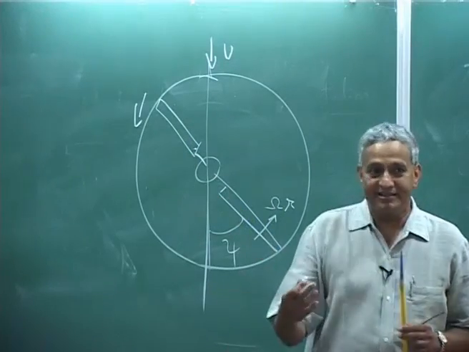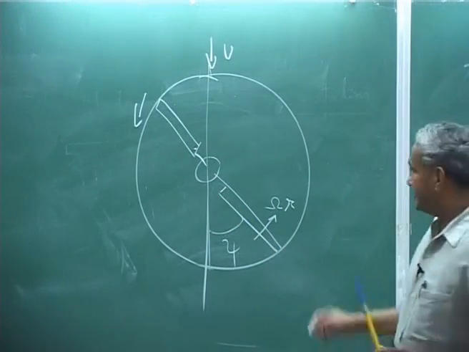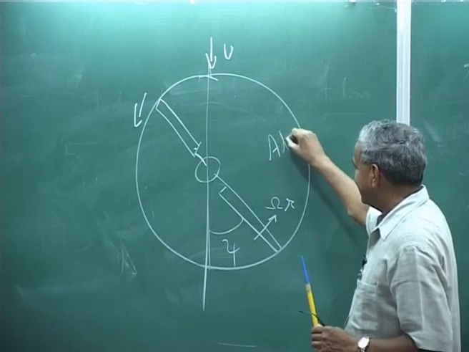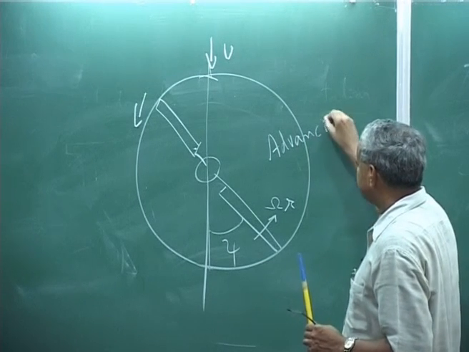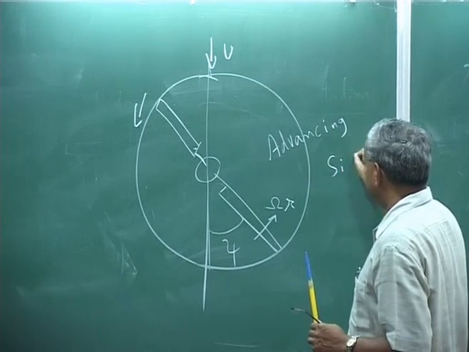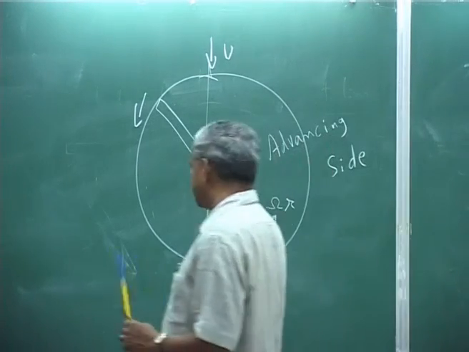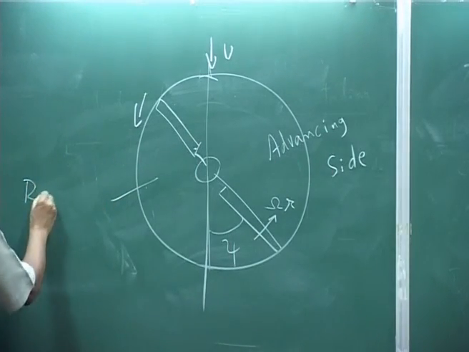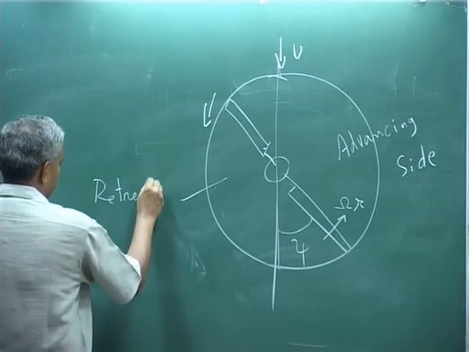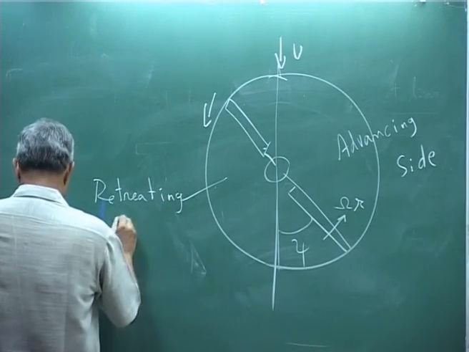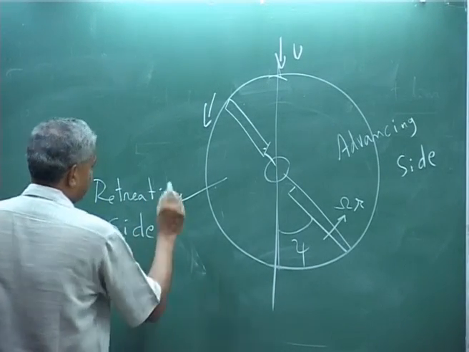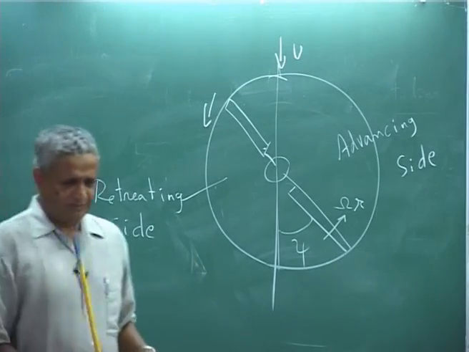So, there is a reduction in the velocity. So, this is the advancing side. This is the retreating side. I will just briefly introduce.